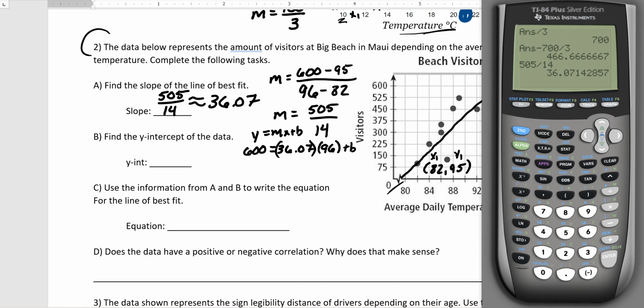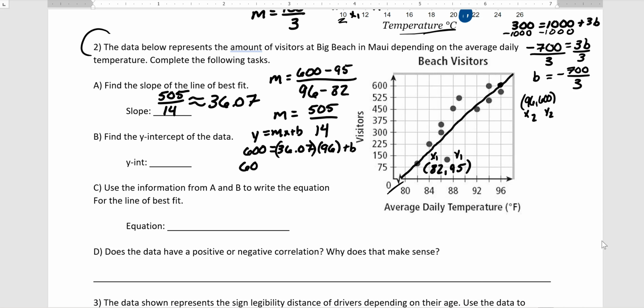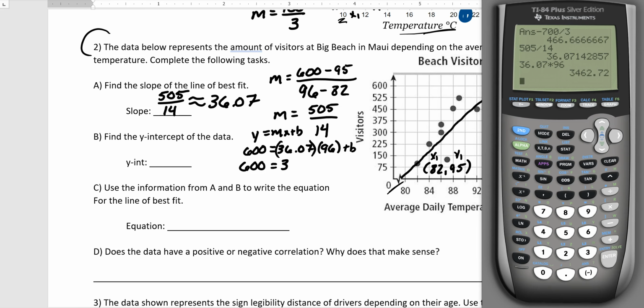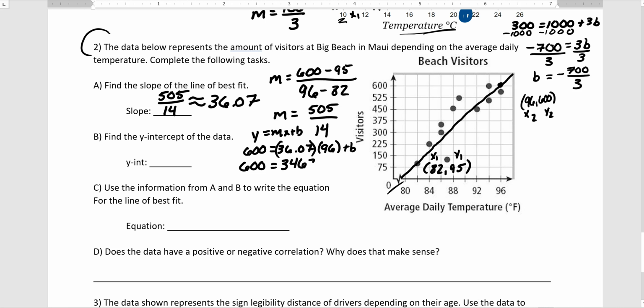So in my calculator I'll need to do 36.07 times 96. When I do that I get 3,462.72. So 600 minus 3,462.72, I can subtract both of those.